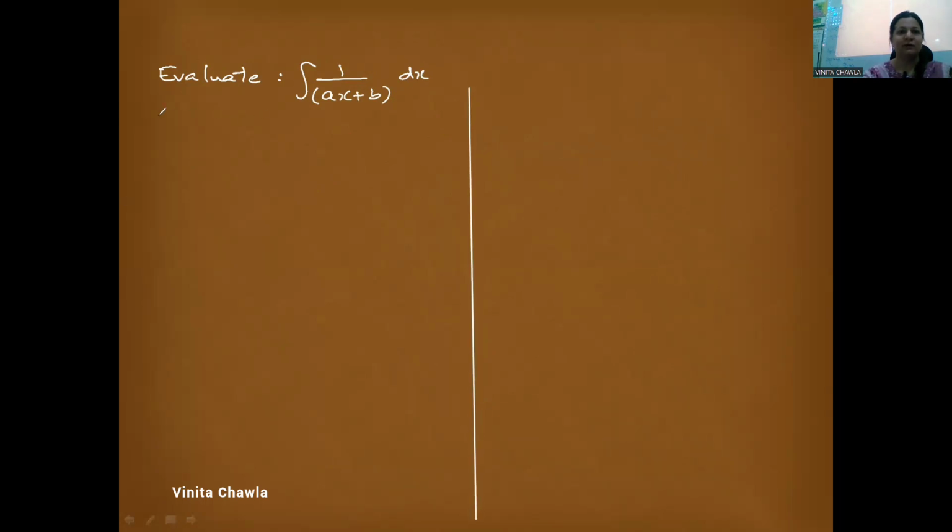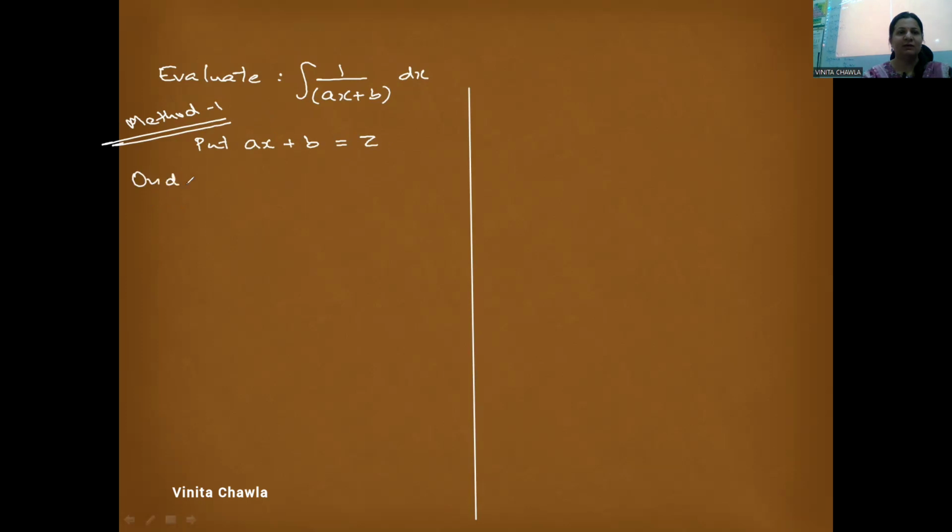Here we are using integration by substitution. Method 1. Put ax plus b is equal to z.